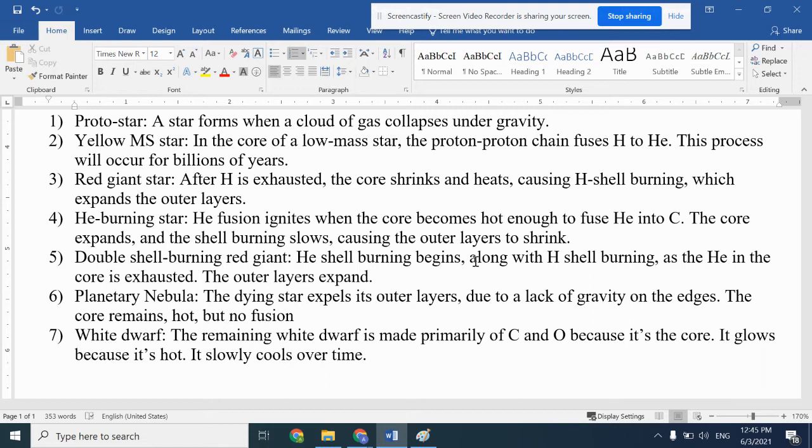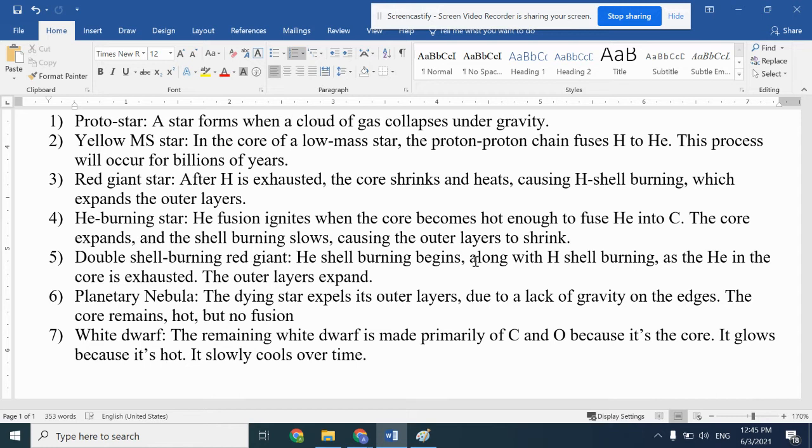In the end, when the core collapses because it can't handle the pressure due to gravity anymore, there isn't as much gravity in the low mass star, so you just get a planetary nebula, and the core actually remains. It doesn't turn into a neutron star or a black hole. Now, the core is hot, but there is no fusion.